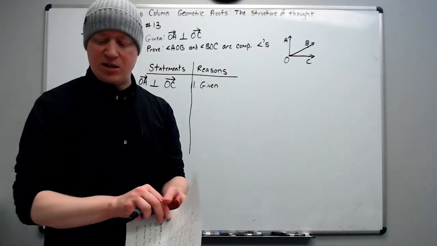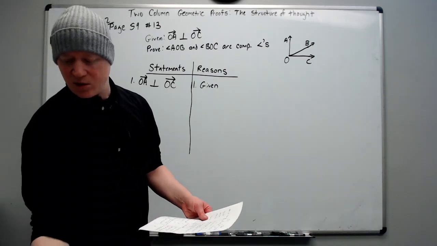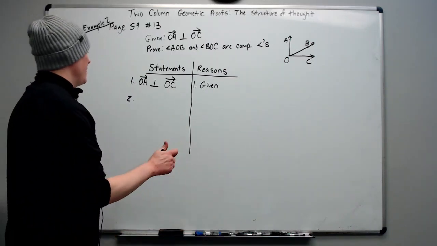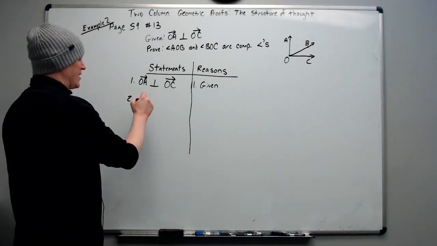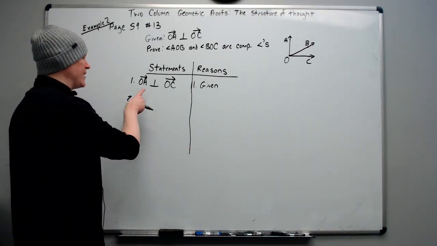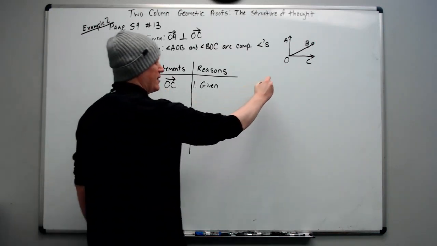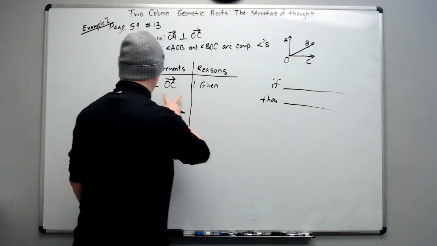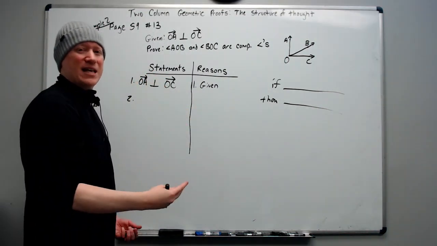The one that we're going to use for this problem is that the measure of the angle equals 90. So we're going to write that next. And how do we know that it's equal to 90? It's because of the perpendicular. Again, every statement in a proof, every line that goes over here, is an if-then statement.